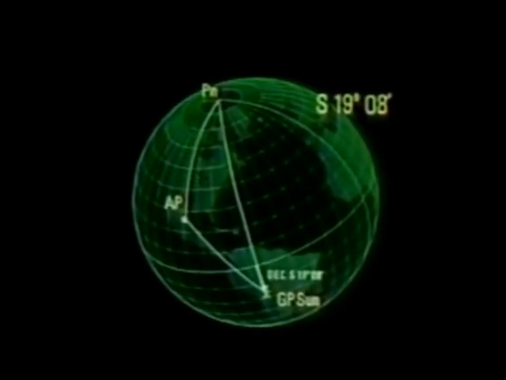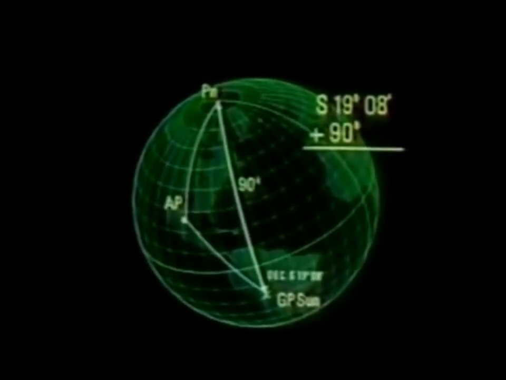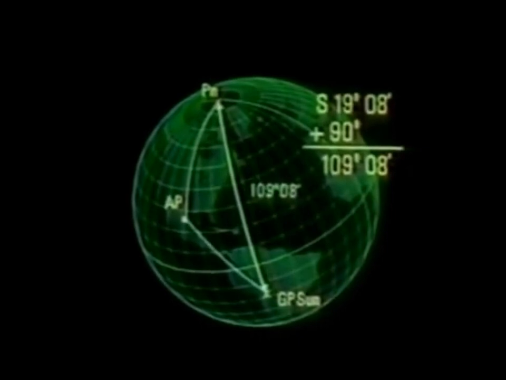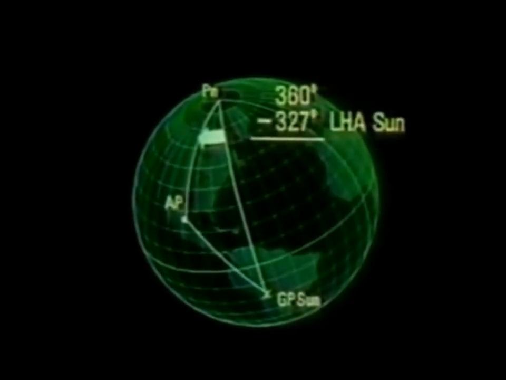This side is the polar distance of the sun, south declination 19 degrees 8 minutes plus 90 degrees, since it is located in the southern portion of the celestial sphere, 109 degrees 8 minutes. And this is a known angle, 360 degrees minus your LHA, or 33 degrees.